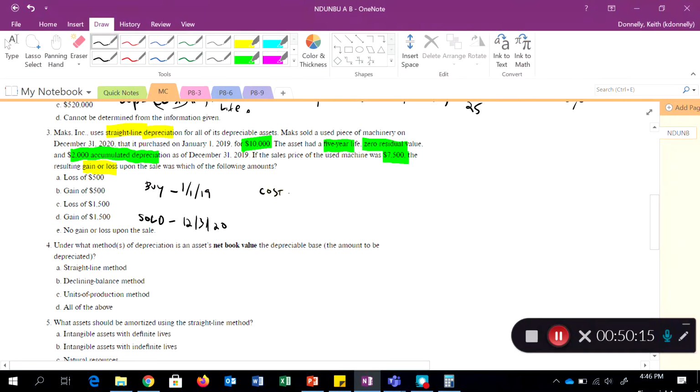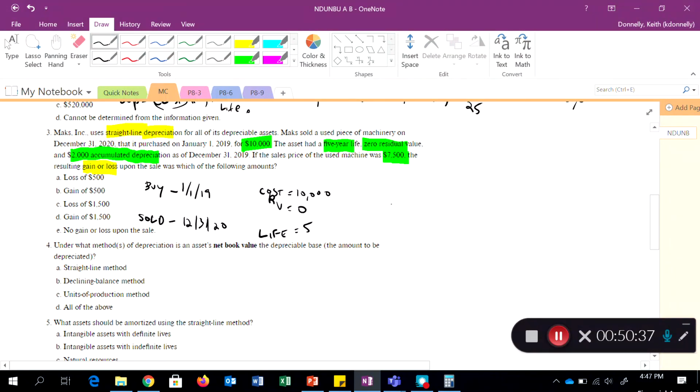Our cost is 10,000. Residual value here is 0. And our life is 5 years. So the first thing we got to do here is get the depreciation for the year, which is going to be straight line.